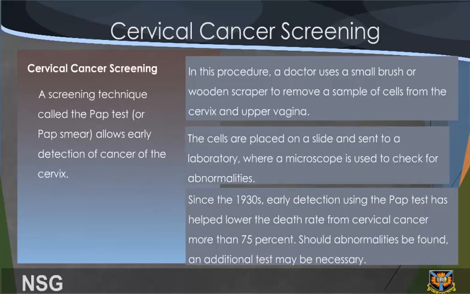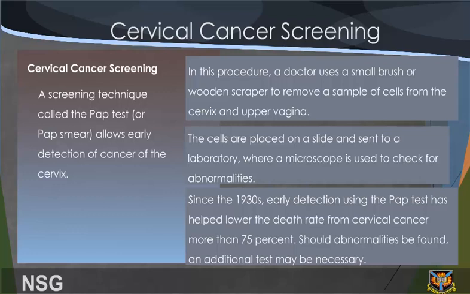Cervical cancer screening. A screening technique called the PAP test or pap smear allows early detection of cancer of the cervix. In this procedure, a doctor uses a small brush or wooden scraper to remove a sample of cells from the cervix and upper vagina.